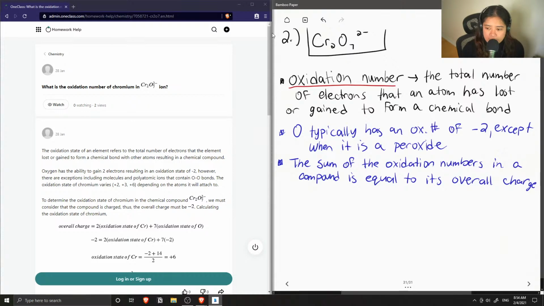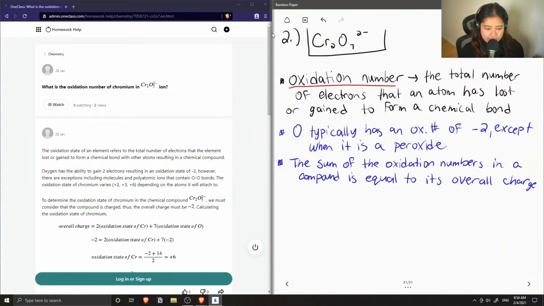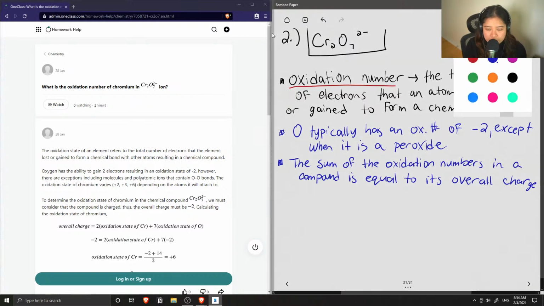So let's say we had a compound that was neutral. If it had an atom with an oxidation number of +1, then the other atom it is bonded to would have an oxidation number of -1. When you add those charges together you get a neutral molecule, so the sum of their oxidation numbers will be equal to 0. These two rules are helpful in answering this question.